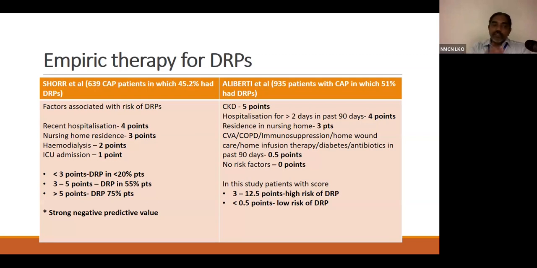Shorr et al.'s criteria showed a good negative predictive value, and in Aliberti criteria, a value of 3 to 12.5 had a high probability of having drug-resistant pathogens. But these are not clinically validated scoring systems.